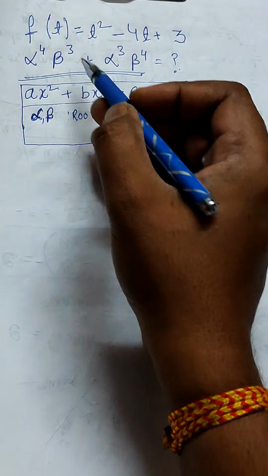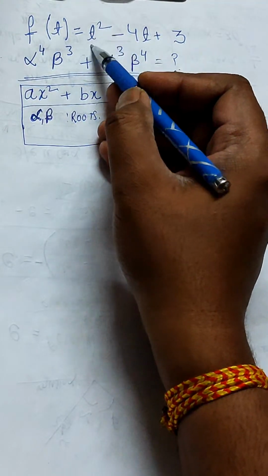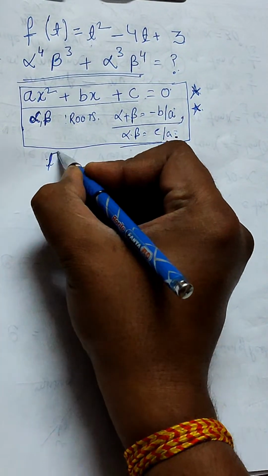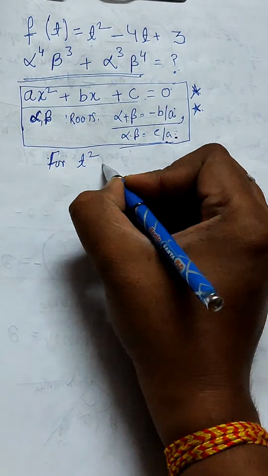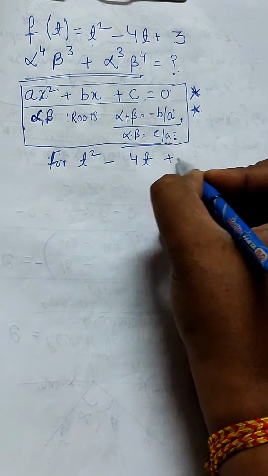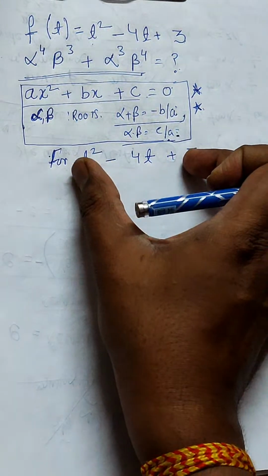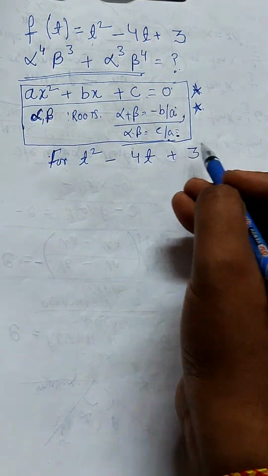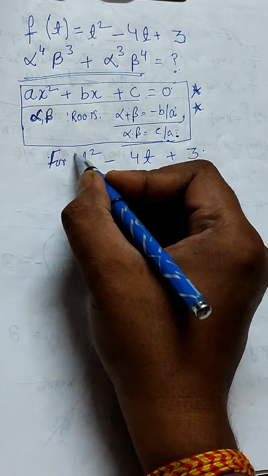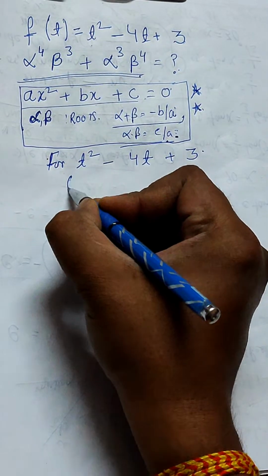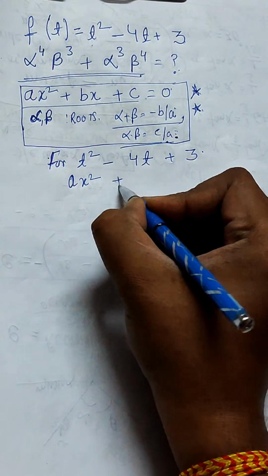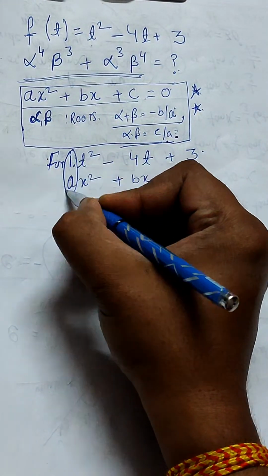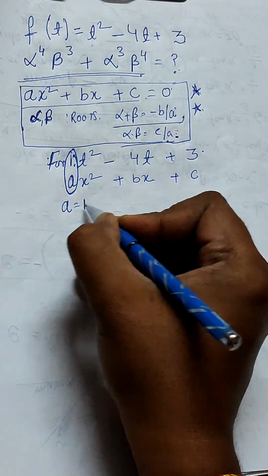Now just put up this equation, t square minus 4t plus 3. When you compare this quadratic equation with the standard form ax square plus bx plus c, what will you get? Here nothing is there, so the value of a is 1, right?